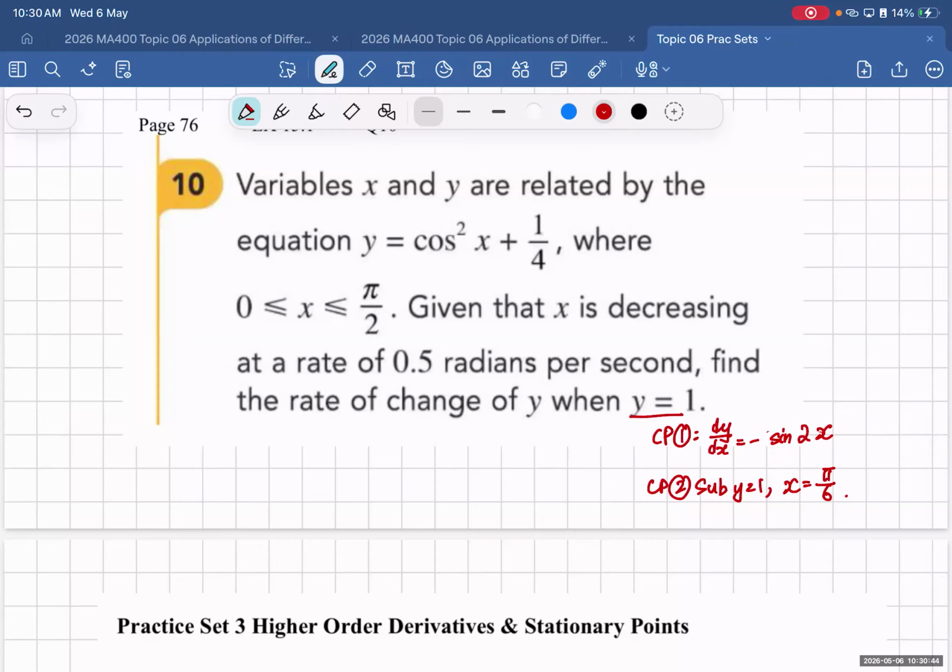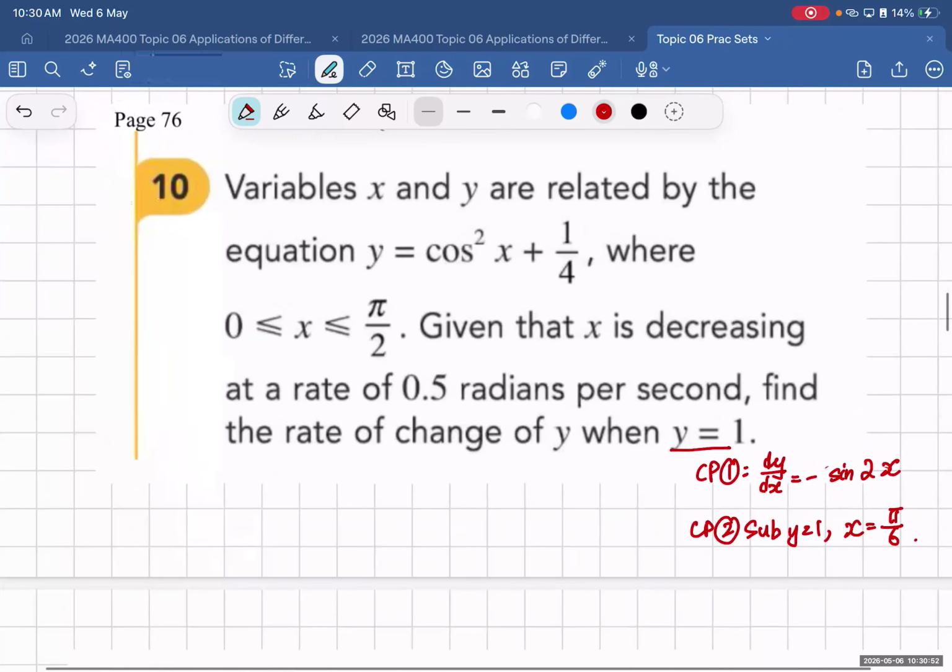So from y equals to 1, how do I find the x value? You sub in y equals to 1 into this. Very good. Yes, you try to solve. You will get x to be pi over 6.